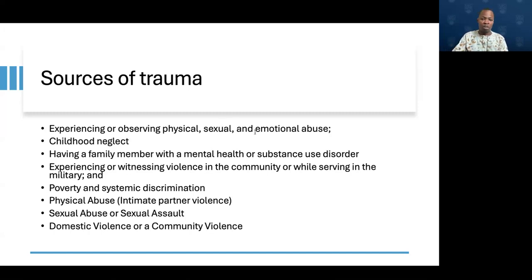We have physical abuse, for example intimate partner abuse, sexual assault, domestic violence, or community violence. The sources of trauma are infinite, and so many things could cause trauma depending on the population and depending on how people react to those events.